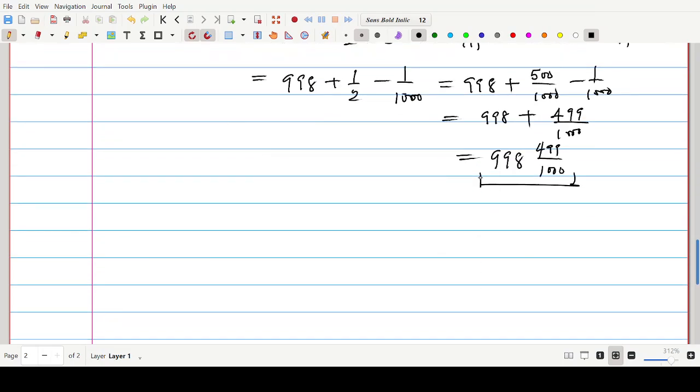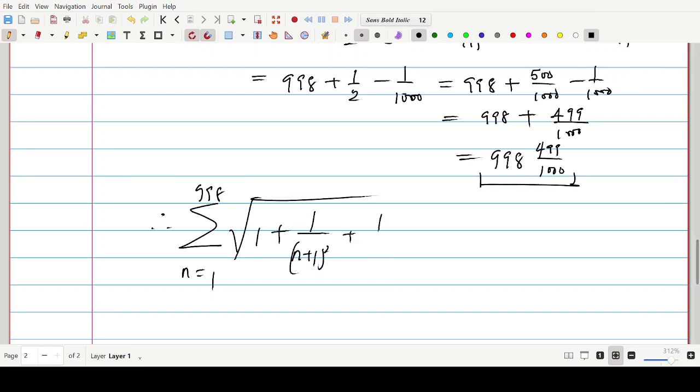So we can therefore boldly say that the sum from n equals 1 to 998 of this expression, 1 plus 1 over n plus 1 squared plus 1 over n plus 2 squared, is found to be 998 and 499 over 1000. All right, so this is the sum.